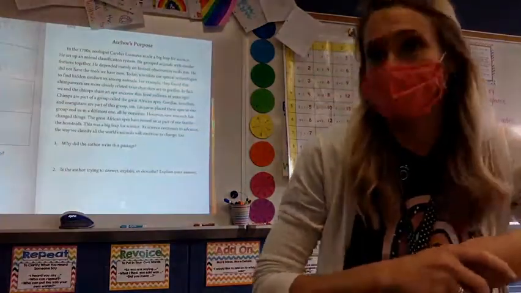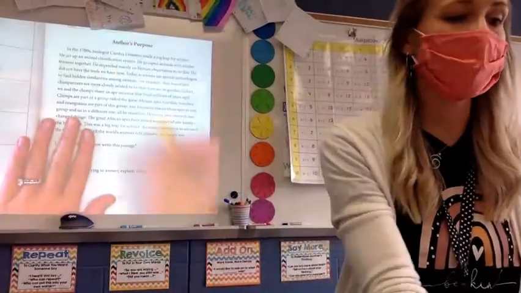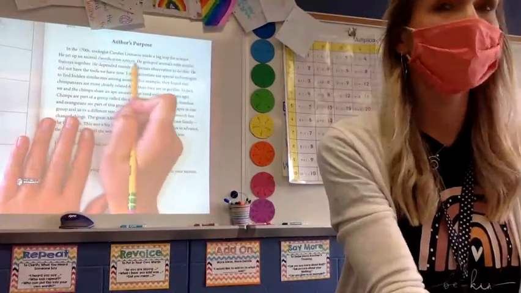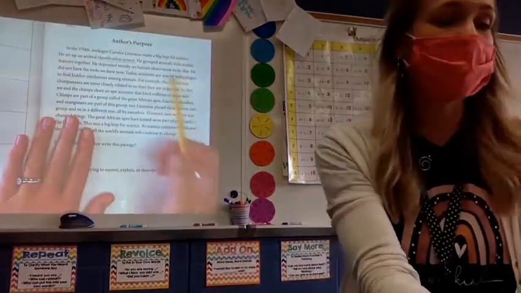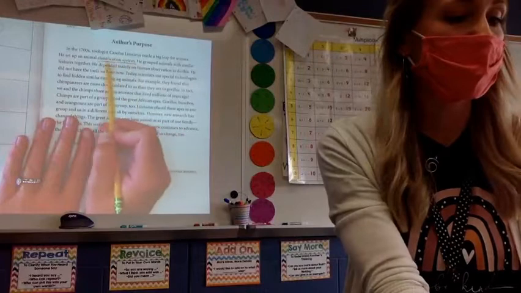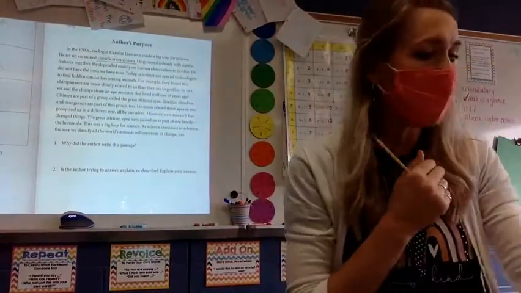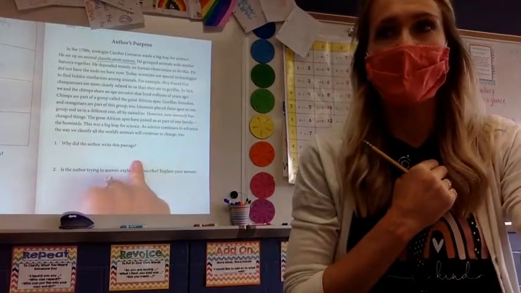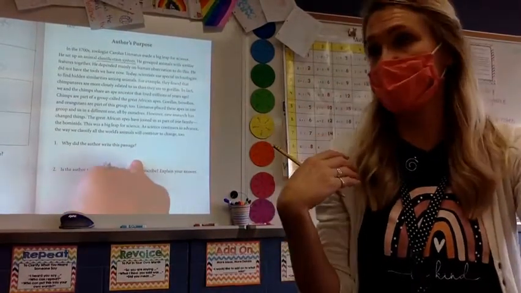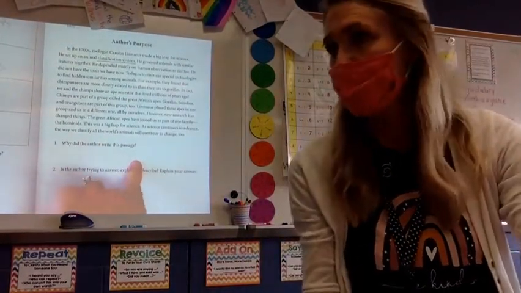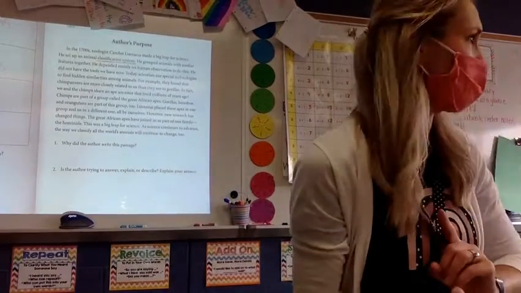Okay. What do we call this, guys? What is this? It's our classification. So, I agree with all those pieces. I would say that the author wrote this passage to let us know how the classification system has changed from the 1700s to now. Would you agree? Mm-hmm.